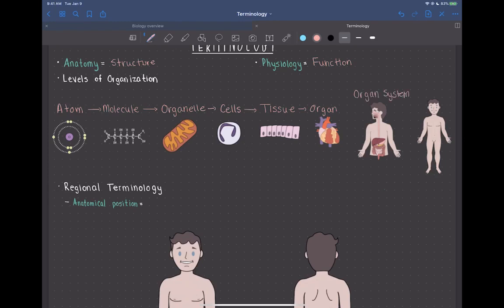Okay? So the great thing about recognizing an organ system is their names all have the word system in it. And I would advise you, and I think it's going to be in your chapter review, to go through your textbook and look at the different organ systems and familiarize yourself with them.